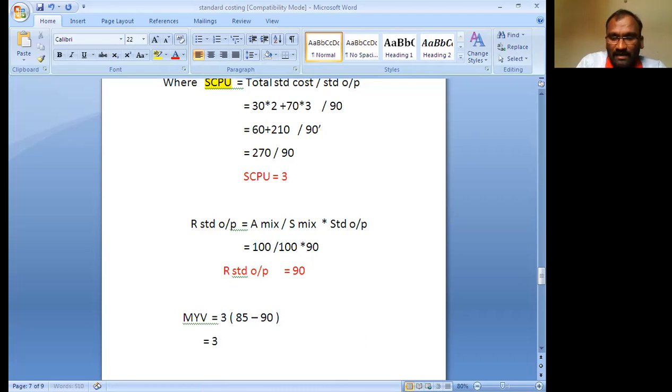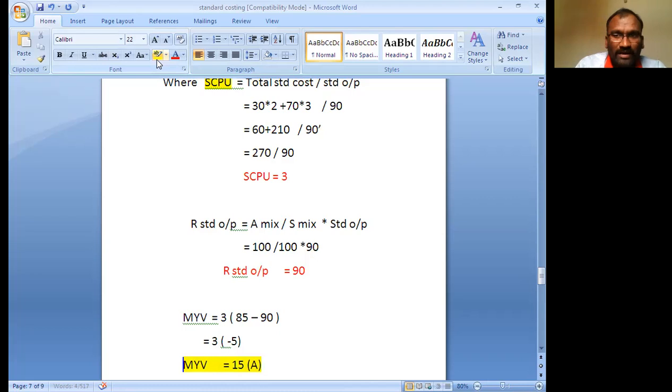Now you are getting 3 into 85 minus 90, 5 negative value. So 3 into 5, 15. The 15 is the A value. So that value is the material yield variance. Material yield variance, you are getting the 15A.